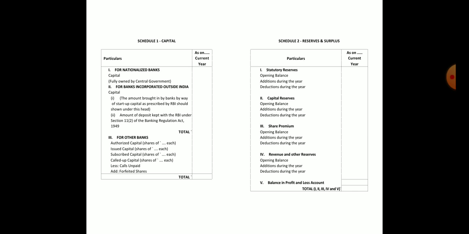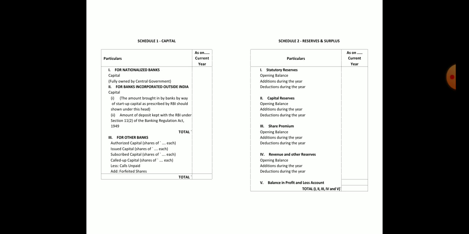As we can see, there is schedule 1 that is for capital. There are two types of banks, nationalized or other banks. Nationalized banks are basically fully owned by the central government, so they maintain capital as capital.